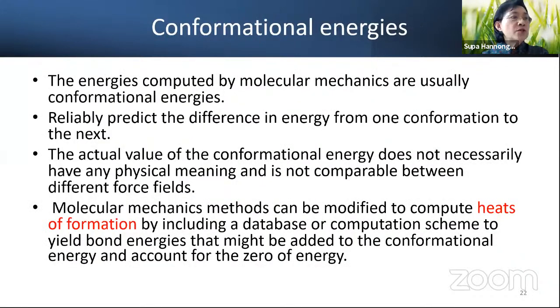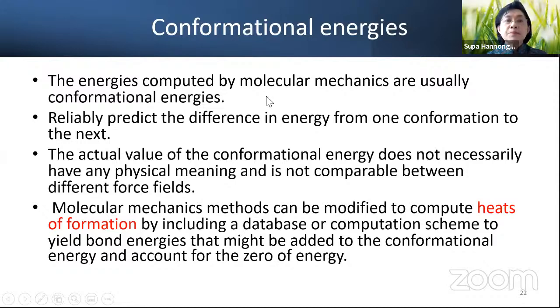So I would like to go a little bit further for one or two slides about what we obtain from molecular mechanics. We obtain the conformation energies. If you imagine, we have the equation, we have molecules, we have parameters, and then we calculate, we predict the conformation to get good geometries. And then we can predict the basic properties from the equation.